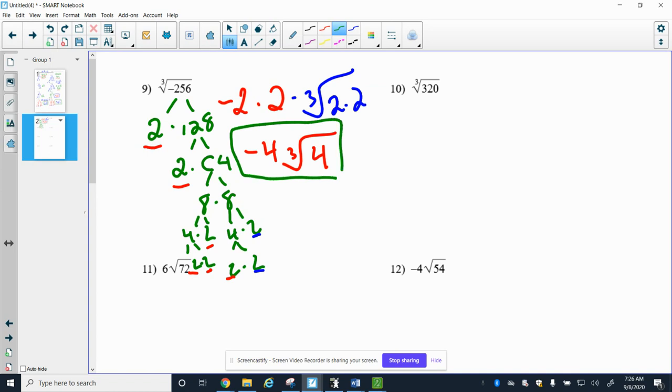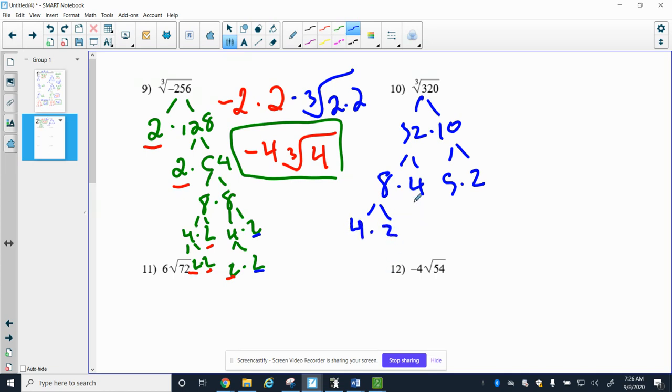If we look at 10, again, let's break it down into our factor trees. Actually, why don't you guys try to do this one on your own? All right, see how we do. 32 times 10. That's 8 times 4. 5 times 2. Gotta keep going, so we're looking for groups of 3 that are the same. 4 times 2.